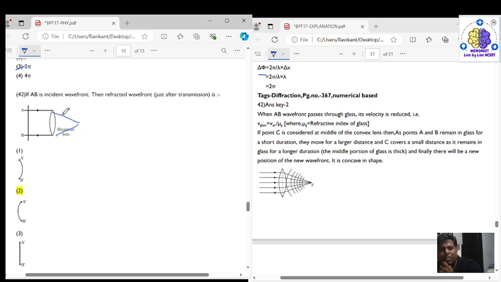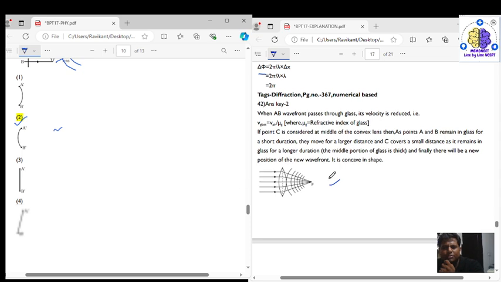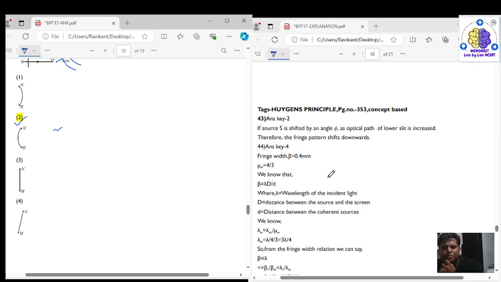So it will have a converging spherical wavefront like this, as it has been shown in the figure, right? So this would be your option 2. So the correct answer for this question number 42 is option 2. We have already seen this in the previous question.